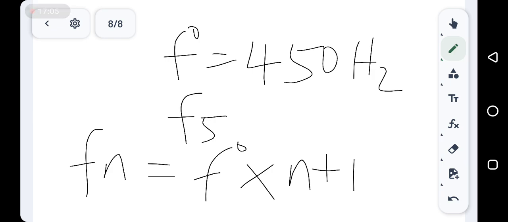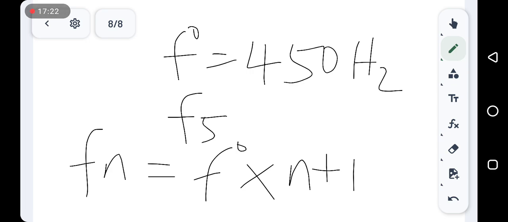So if they ask you to find the frequency of the second overtone, then n is equal to 2. If they ask for the third overtone, n is equal to 3.